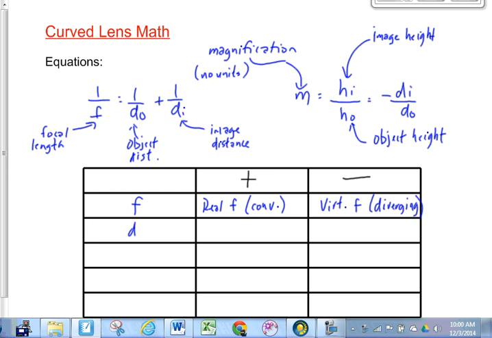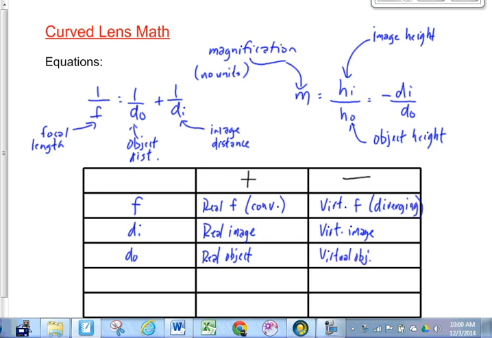DI is positive when you have a real image. Sometimes you get a real image, sometimes you get a virtual image. It's positive when you get a real image. It's negative if you get a virtual image. DO is positive when you get a real object, and it's negative when you get a virtual object.